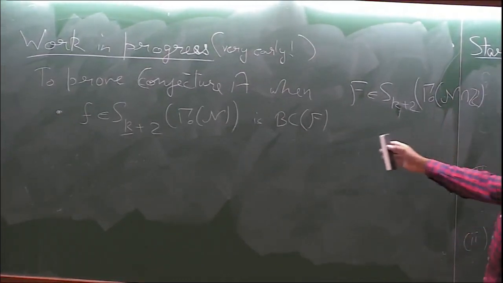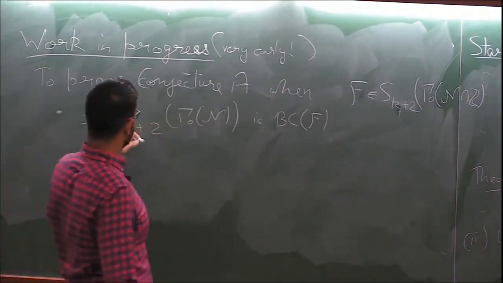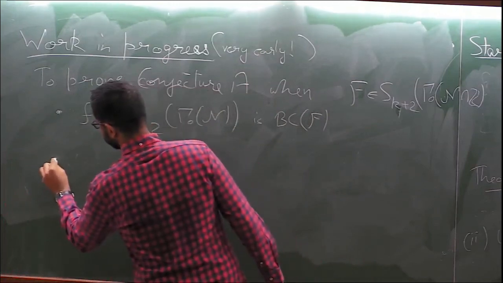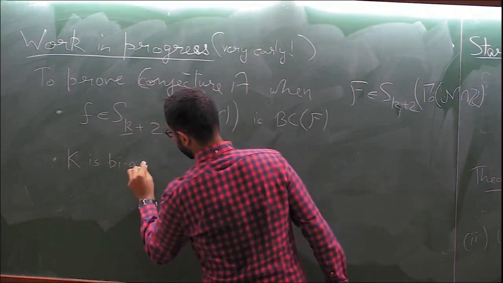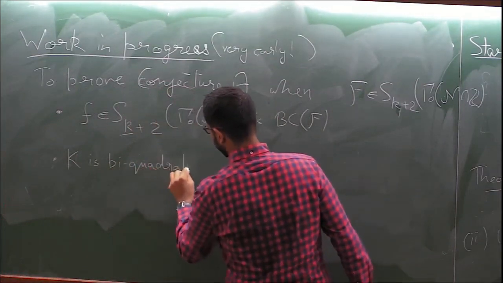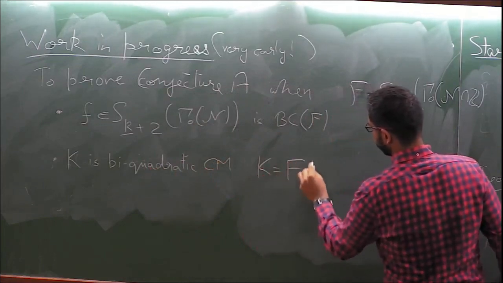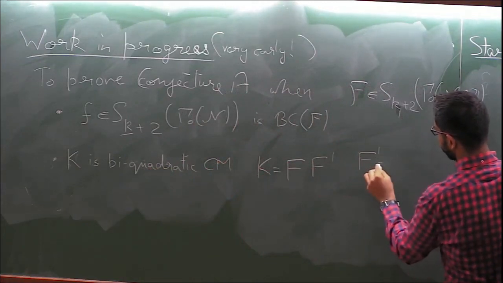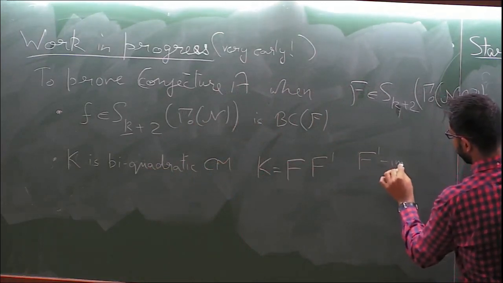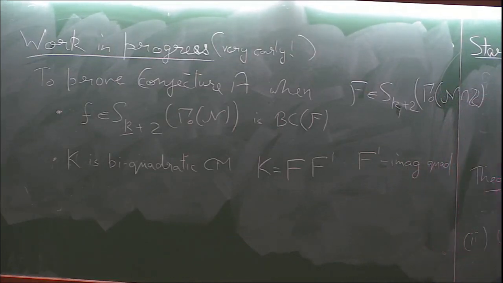So I'm going to start with the elliptic modular form and then base change to Bianchi, and also restrict to the case that K is biquadratic in CM. In the particular case of the form F prime, F is imaginary quadratic, K was degree 2. Now I also wanted F prime to be imaginary quadratic. So once I restrict to this case, I think we can sort of show global classes.